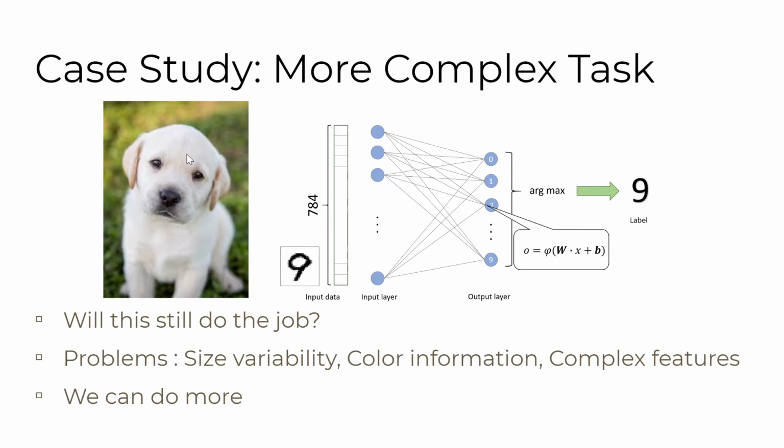But how about something more complex? When you want to encode higher-level or more complex features in your training model, you would obviously want a better model. You have size variability, you have color information, you have complex features that might interfere with your learning algorithm.